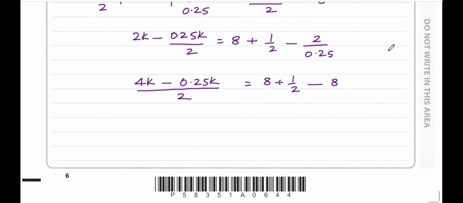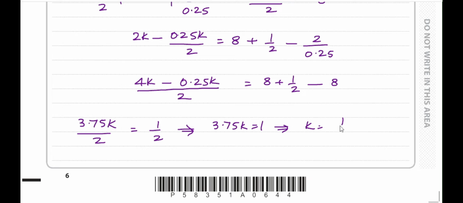So this will give us 4k minus 0.25k, that is 3.75k over 2 equals 1/2. Therefore, 3.75k equals 1, leading to k equals 1 over 3.75, which is equal to 4 over 15.